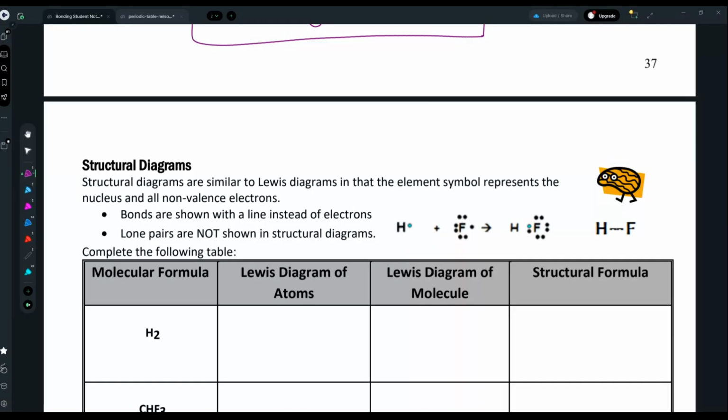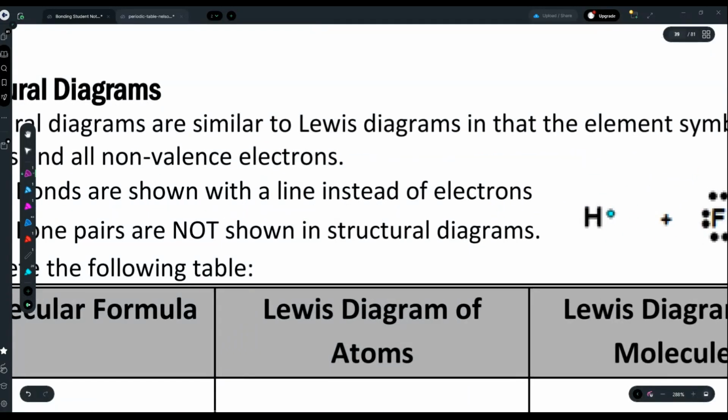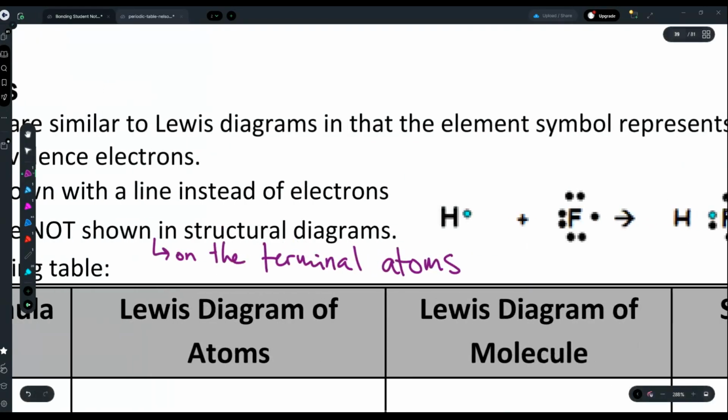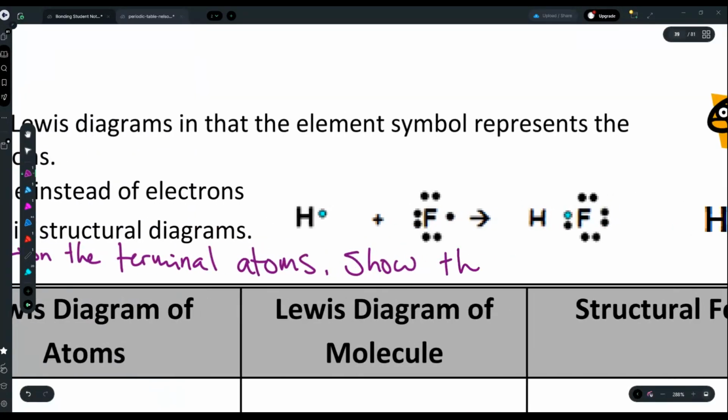The bonds are shown with a line instead of the dots for the electrons, and lone pairs are not shown, we should say, on the terminal atoms in structural diagrams. Show them on, and by show them I mean show the lone pairs. Maybe I should write that.